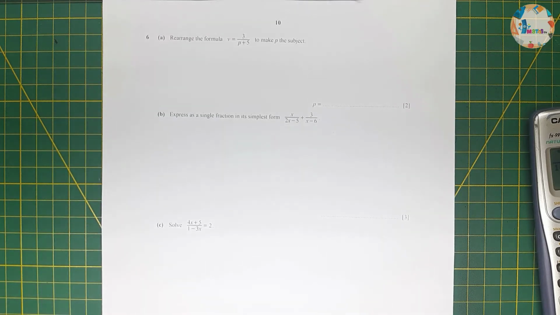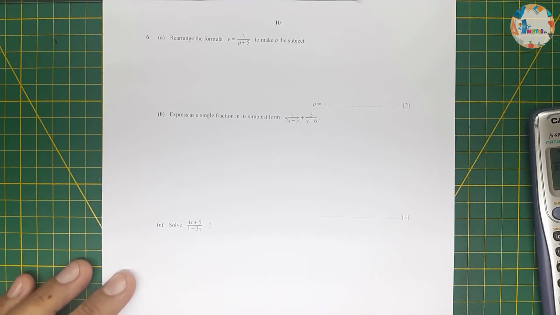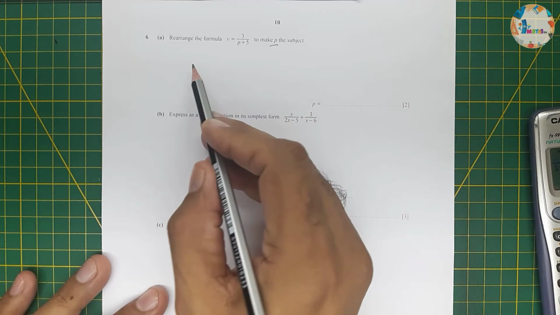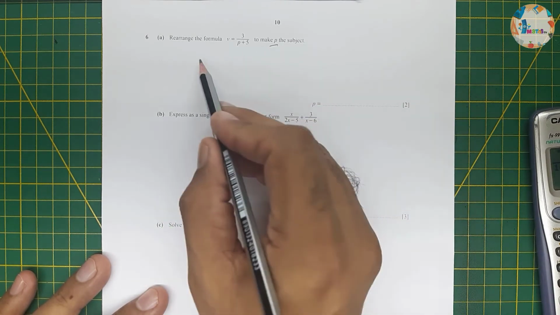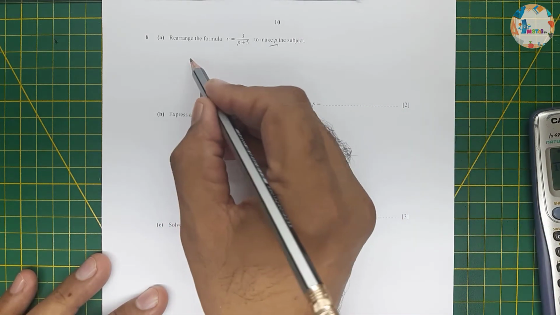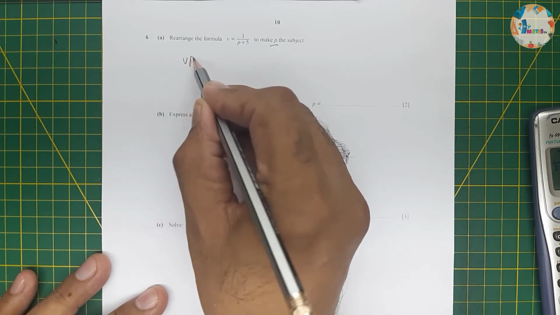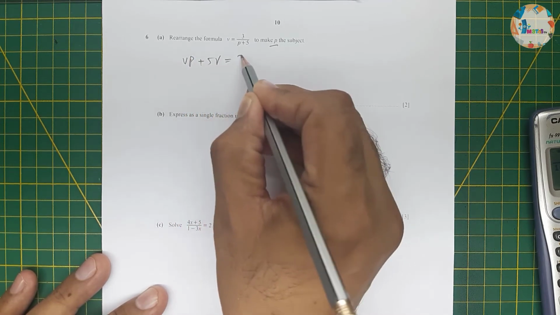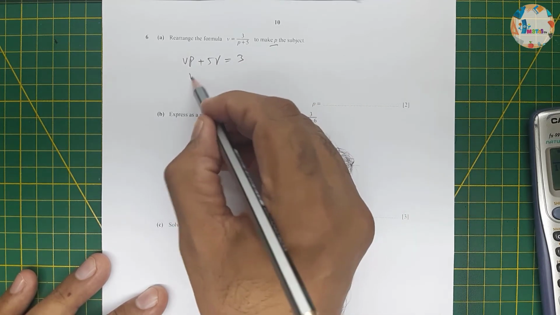Now this is rearrange the formula, and they have provided this V is equal to 3 over P plus 5, and we have to make P the subject. We will cross multiply. This will be VP plus 5V is equal to 3. We can shift 5V to the other side.